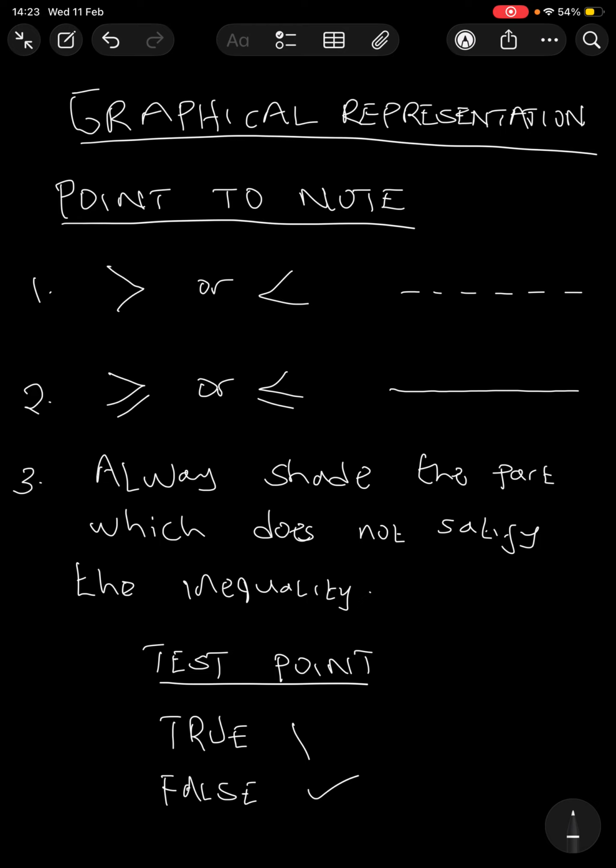So I want us to do example 1 for graphical. Example 1: draw x greater than 3 on the Cartesian plane. So we solve this one. You're supposed to draw our Cartesian plane.